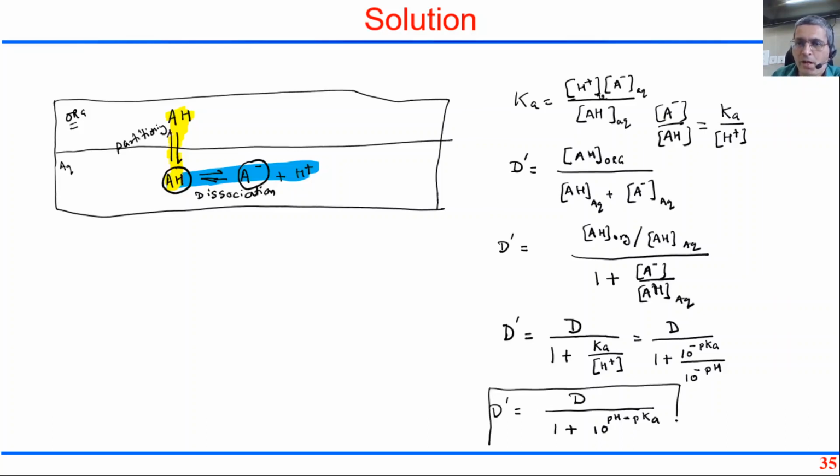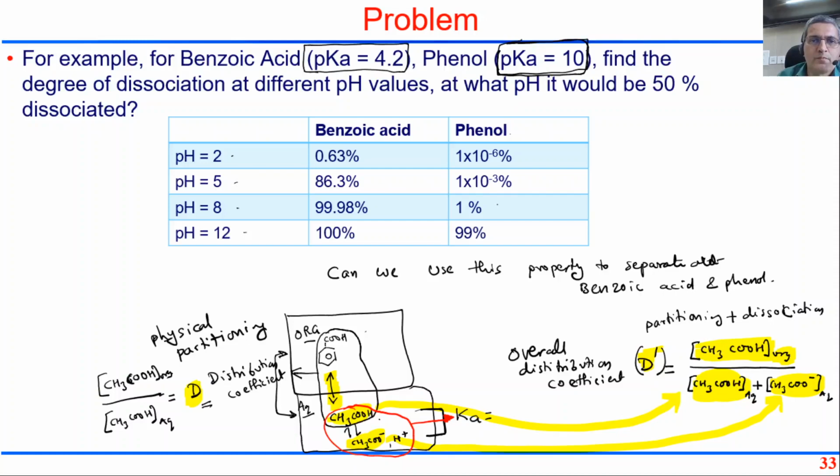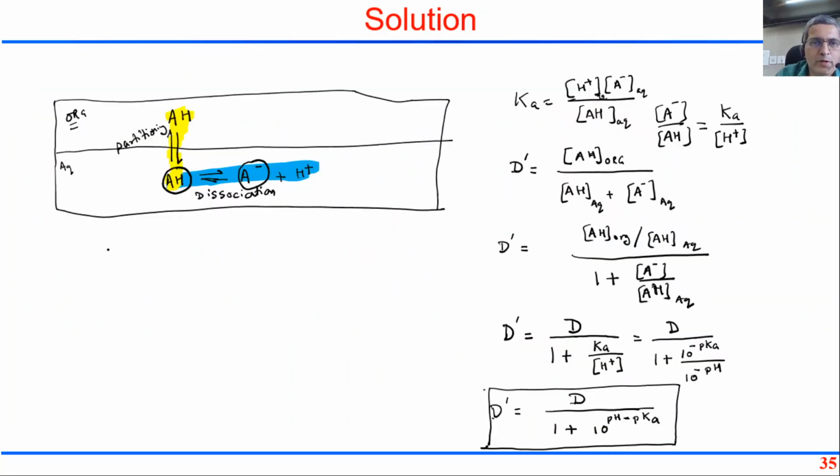Now you see how the distribution coefficient D and the overall distribution coefficient D prime are related to Ka and pH. Now let's look at our case 1. At pH 4, the overall distribution coefficient is 4.5.